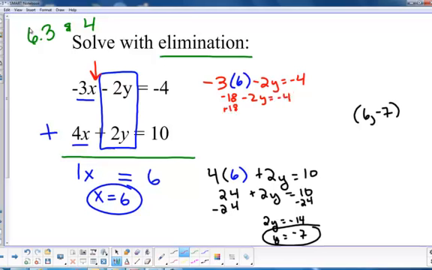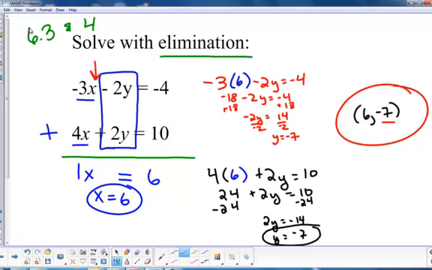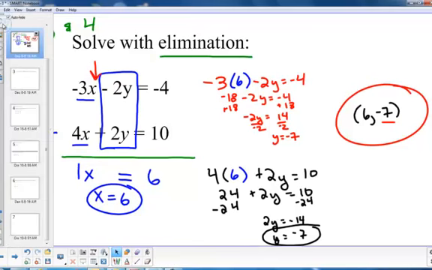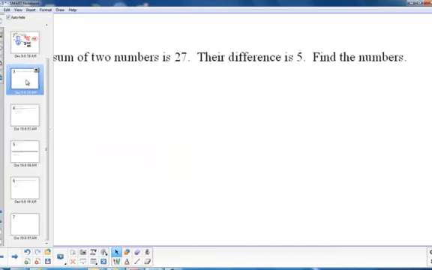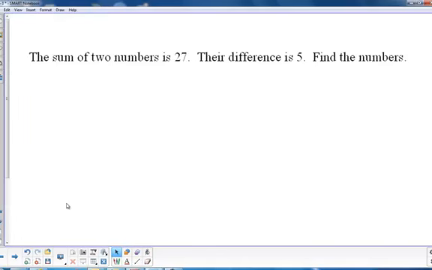And if you add 18 and then divide by negative 2, it does give us the same answer. So for sure, that's our ordered pair solution. So we've solved by graphing, we've solved by substitution, and then this section is about elimination.